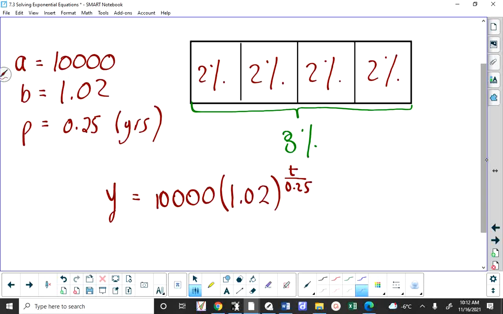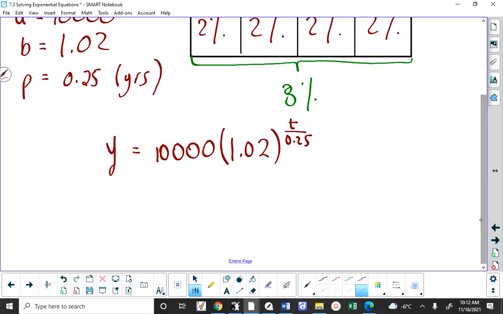So if we want to know how much money is in her account after 14 years, we can put 14 in for t and solve that. So I would probably take 14 divided by 0.25 first, then raise 1.02 to that power and multiply by 10,000. You can do it all in one shot on your calculator, certainly.